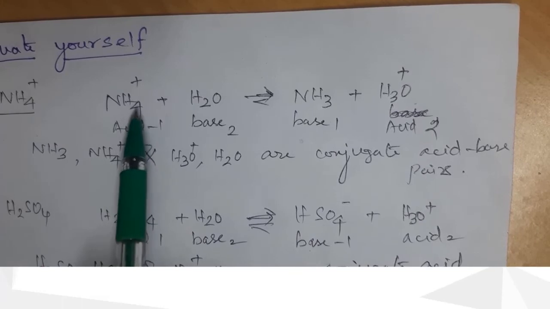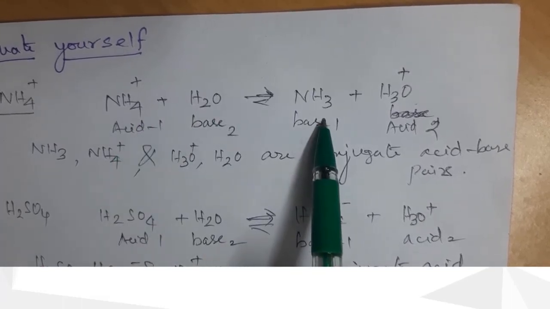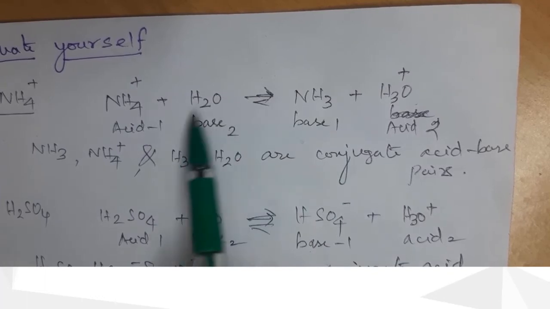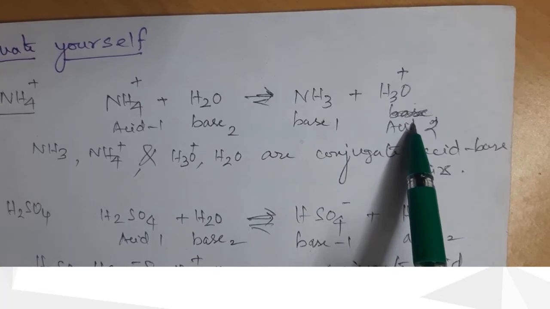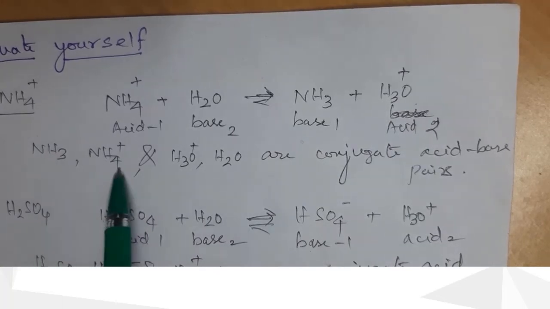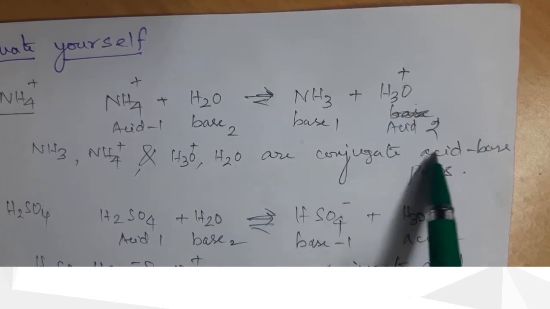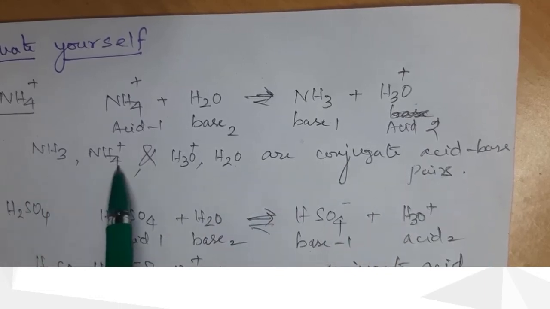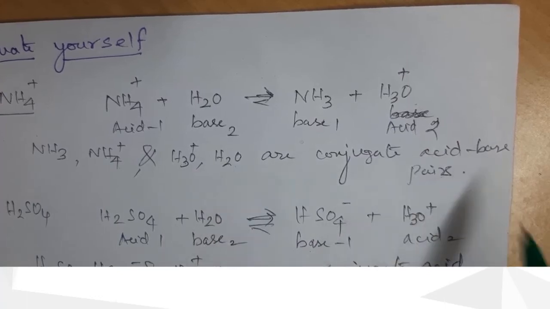Ammonium gives a proton to the water, so it is acid 1. So the base 1 is ammonia, and water gains a proton, so it is base 2, and H3O plus is acid 2. Ammonium and ammonia are a conjugate acid base pair, and hydronium ion and water are a conjugate acid base pair.